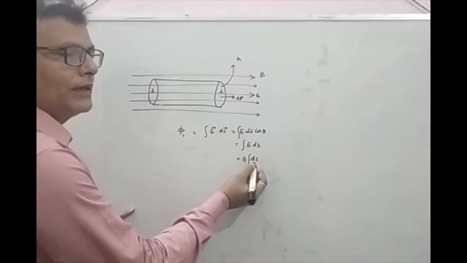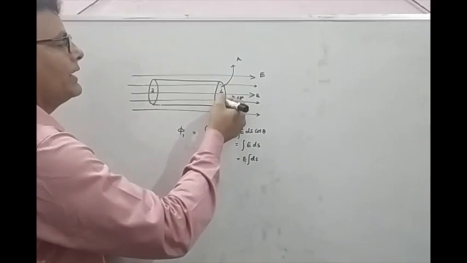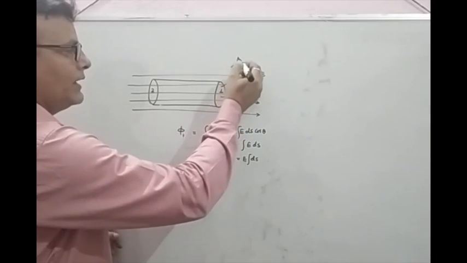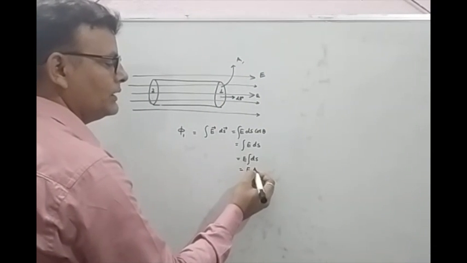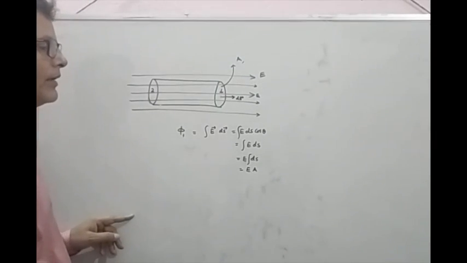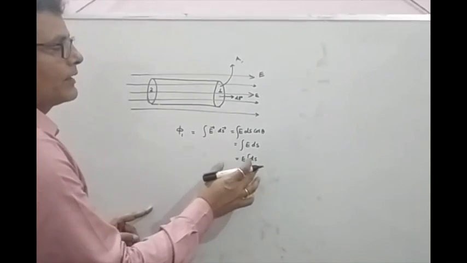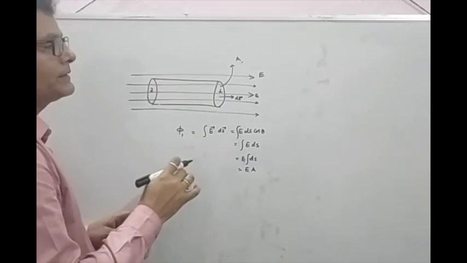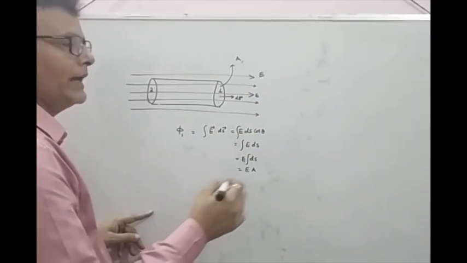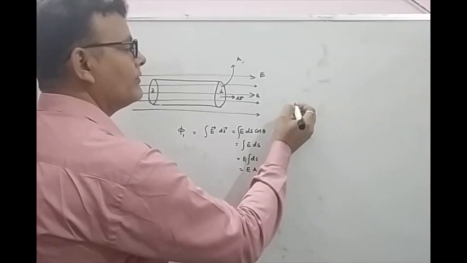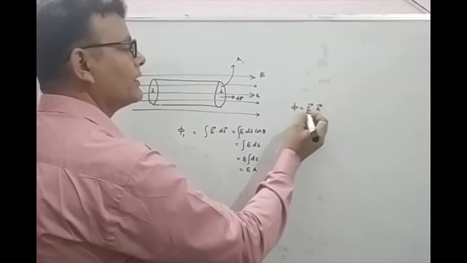Integral ds is equal to the surface area, and surface area is A. Therefore, it is equal to E into A. If the surface is a plane surface and placed in uniform electric field, you can directly use formula phi is equal to E vector dot A vector, total area.